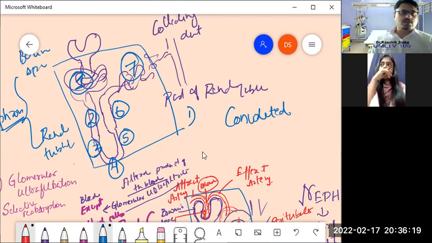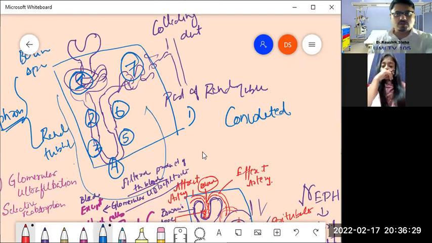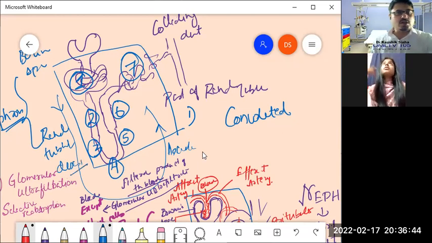Notice that the flow of the filtrate would be in this direction. So this is a descending limb, the descending part. After the bend, this becomes the ascending part. Understood the concept of descending and ascending?